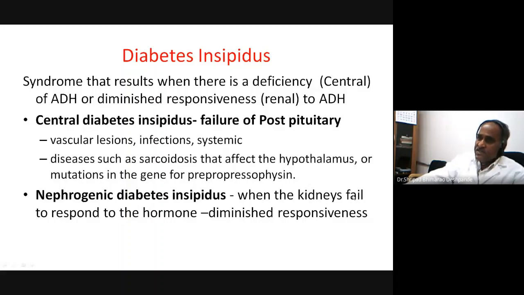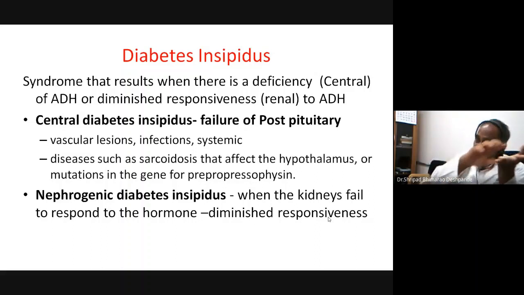Nephrogenic diabetes insipidus is a diminished responsiveness. Diminished responsiveness because there may be fewer receptors expressed, meaning the V2 receptors on the collecting duct are fewer, or there is down regulation of the adenyl cyclase enzyme, down regulation of the aquaporin channels, and so on.